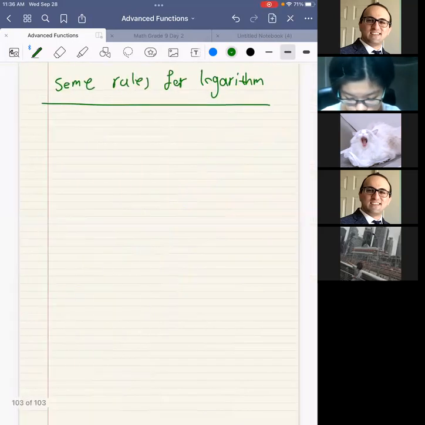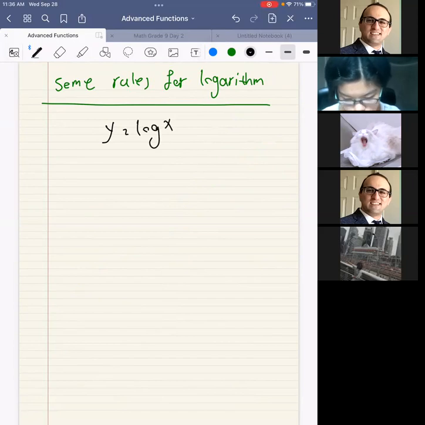When you see, for example, y equal to log x, and there is nothing in the base, some people take this as 10. So when the base is 10, you don't put it. And some people take it as e, the Euler number.